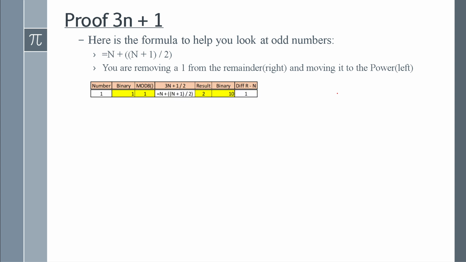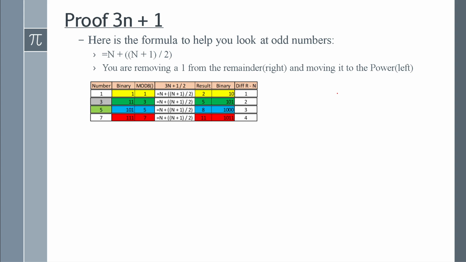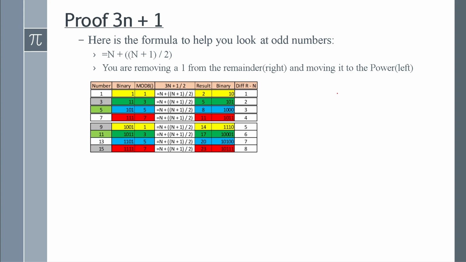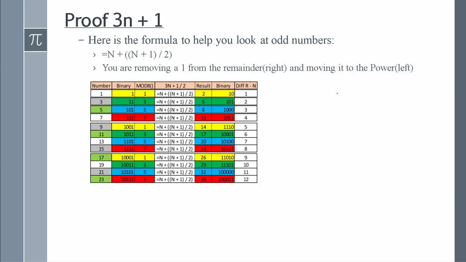And then, right, with this formula, we're doing 2 steps. We're doing a multiple of the number, 3n plus 1, and then dividing by 2. But with every odd number, as we increment up, the difference between where we started and where we end is a numerical 1 through infinity, right? 1, 2, 3, 4, 5, 6, 7, 8, right?